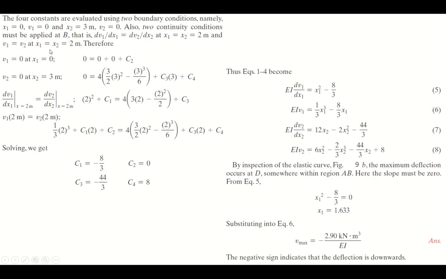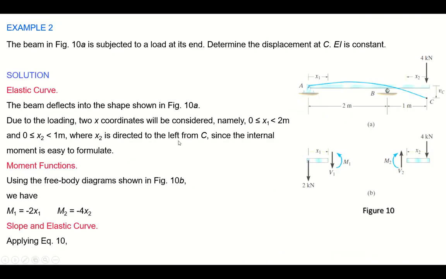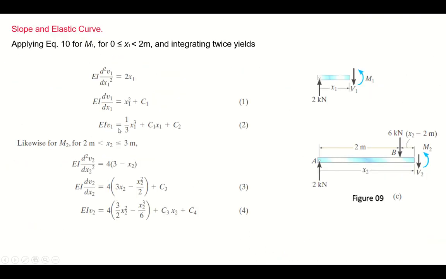Also, the other continuity condition was that at x equal to 2, mu1 and mu2 are the same. So you use equations 2 and 4 because these are for the deflections mu1 and mu2. So equation 2 is equal to equation 4 where x is equal to 2, right?